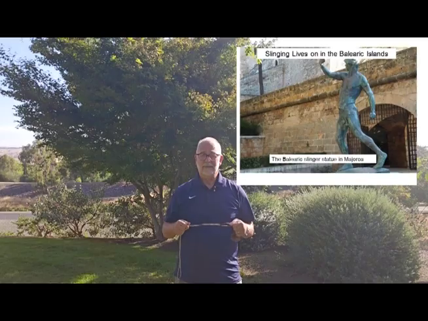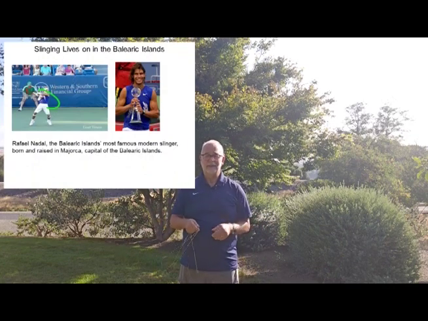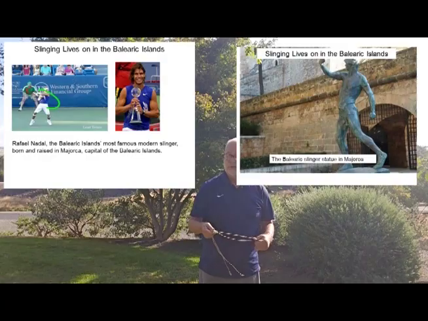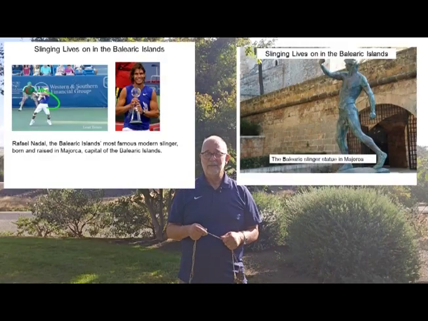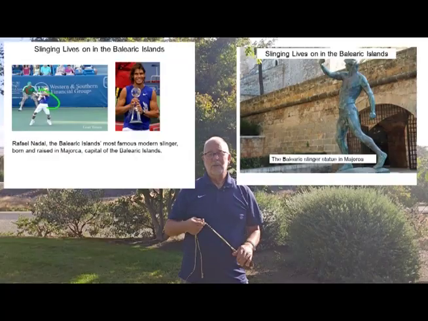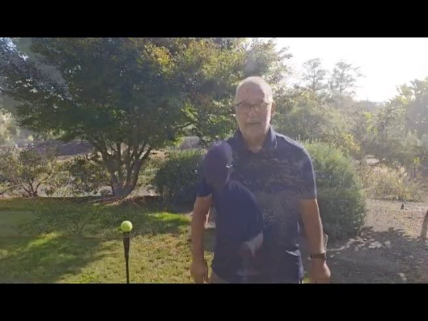So the capital of the Balearic Islands is Majorca, where the current day champion slinger is Rafael Nadal. And I'm sure there'll be a statue to him as well, maybe right side by side with the ancient one. So we're still carrying on the tradition of slinging, even though we don't necessarily recognize it today, but we're going to take care of that in our lesson.